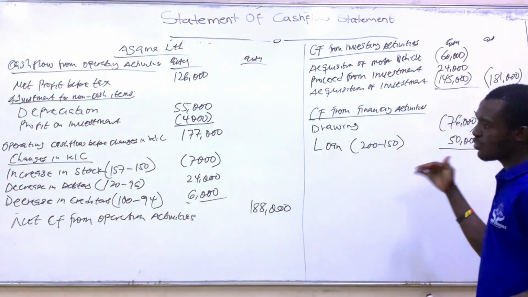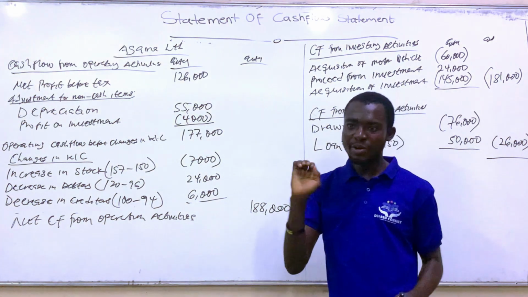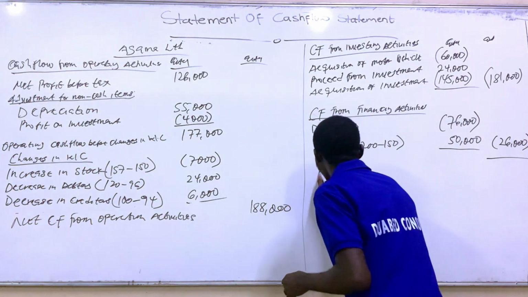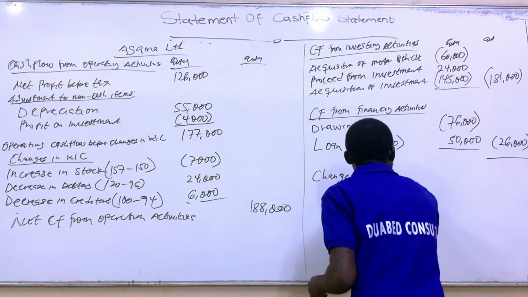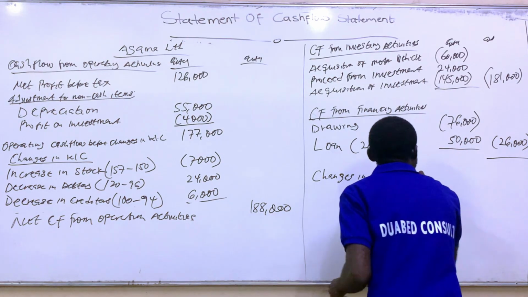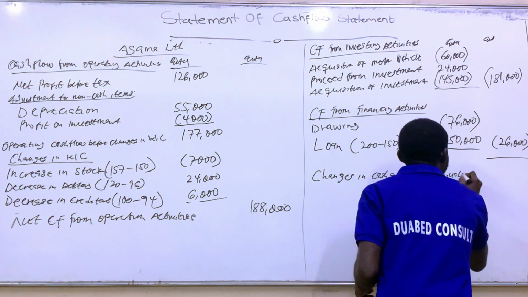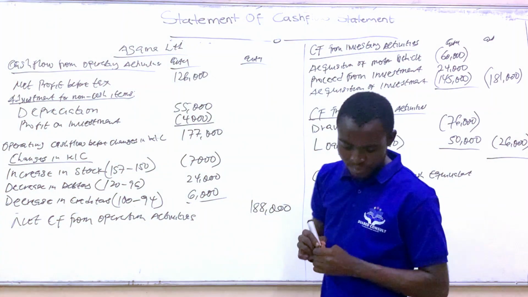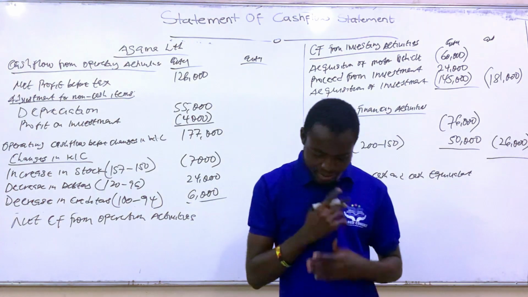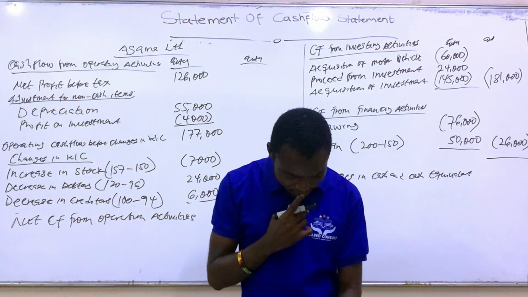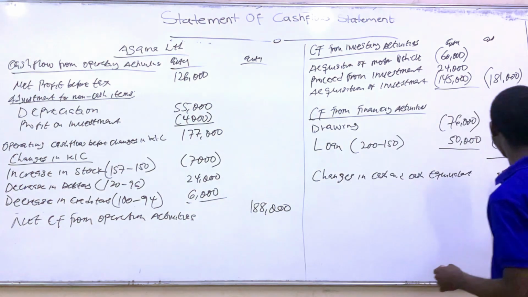And then their total will give us changes in cash and cash equivalents. And then we get a negative figure of 19,000.